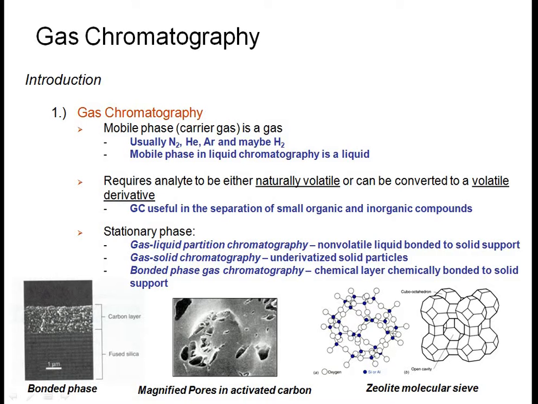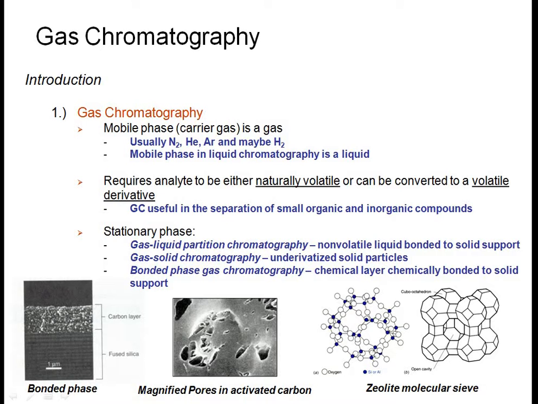Introduction: in gas chromatography, the mobile phase carrier is gas, usually nitrogen, hydrogen, helium, or argon. In liquid chromatography the mobile phase is liquid, but in gas chromatography it is gas.